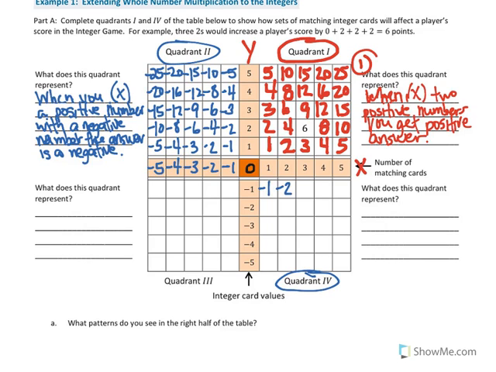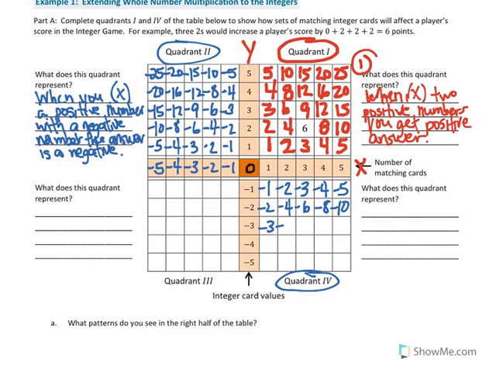And then we have negative 2 and negative 3, negative 4, negative 5. Look up here, we have the same. And then 1 times negative 2, negative 2. 2 times negative 2 is negative 4. 3 times negative 2 is negative 6. 4 times negative 2 is negative 8. 5 times negative 2 is negative 10.